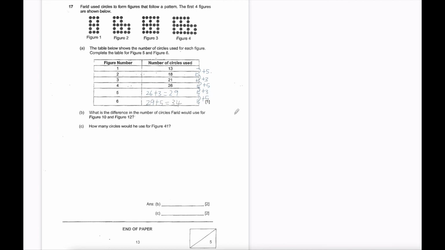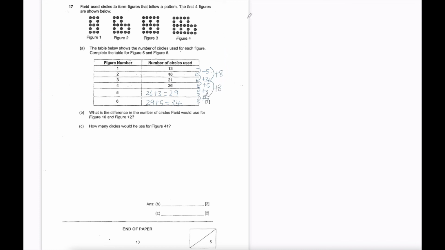Okay, so what is the difference in the number of circles Farid would use for figure 10 and 12? So when you see patterns like that, like 5, 3, 5, 3, what you can do is actually you can jump. So from the first figure to the third figure, you're actually adding 8. You see? So from the third figure to the fifth figure, you're actually adding 8 also.